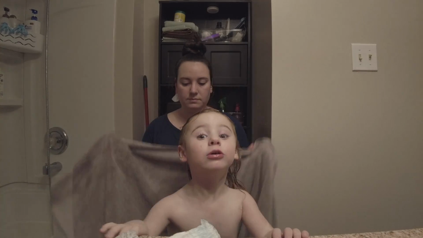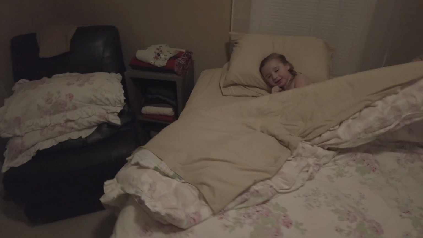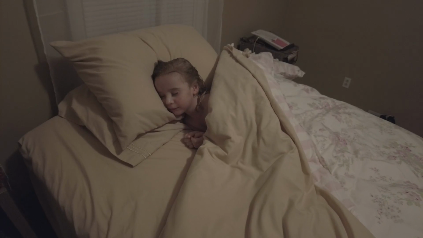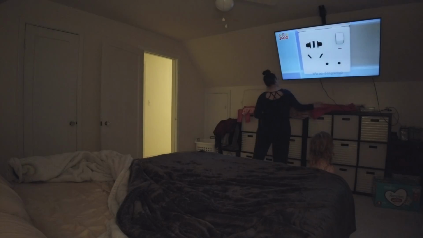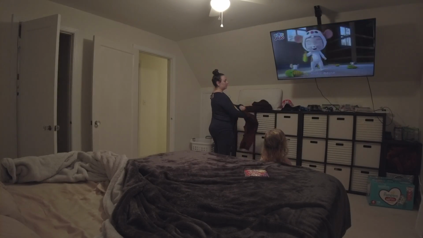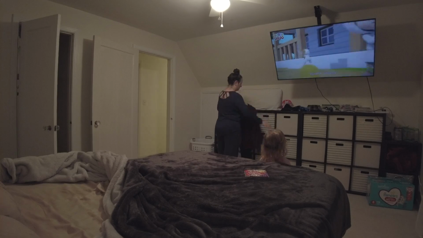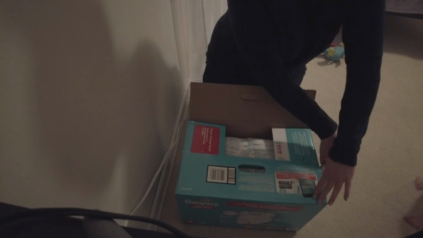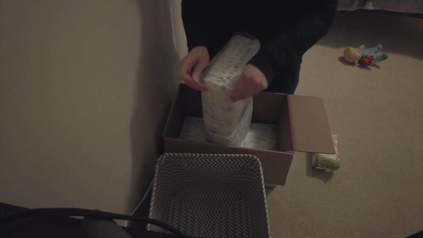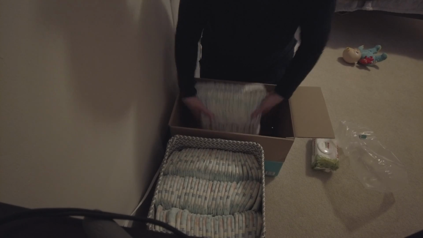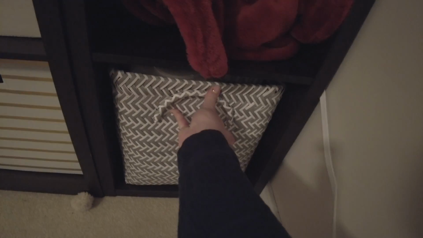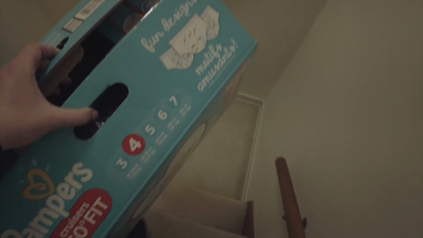Okay, diaper on you. You want milk, Mama?